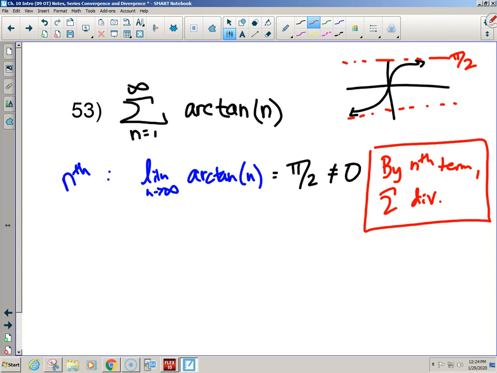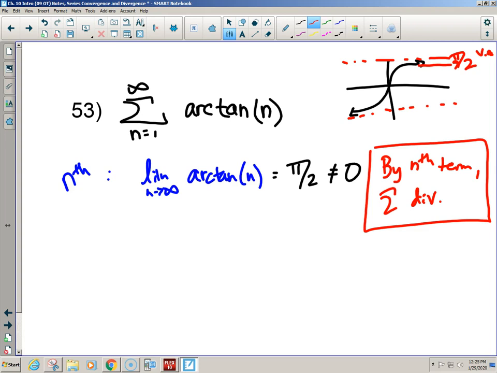But even if it was infinity, still not 0. So even if you weren't sure, you could just say not equal to 0. But pi over 2 is important to know for the AP because arctan just gets closer to its horizontal asymptote, like regular tangents where they flipped when tangent inverse flips. Okay, we're good on 53.